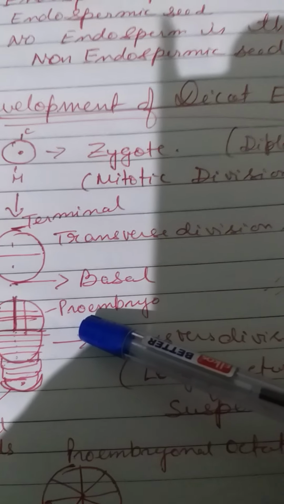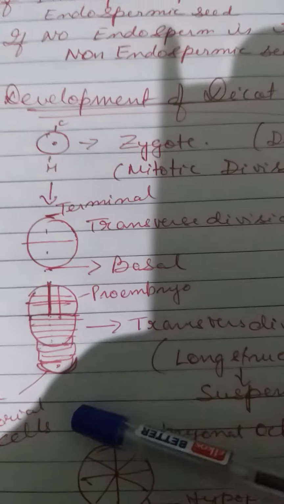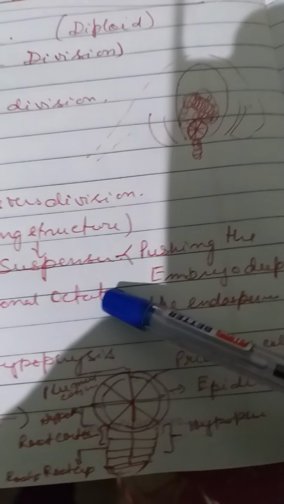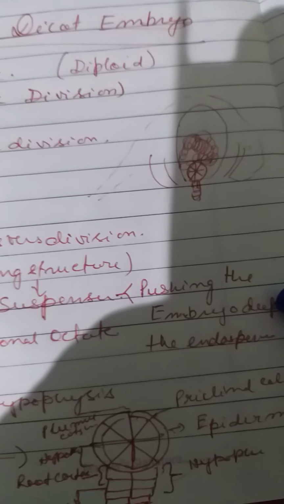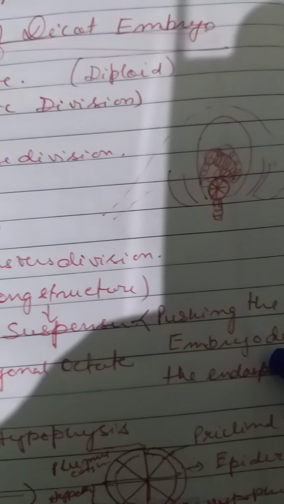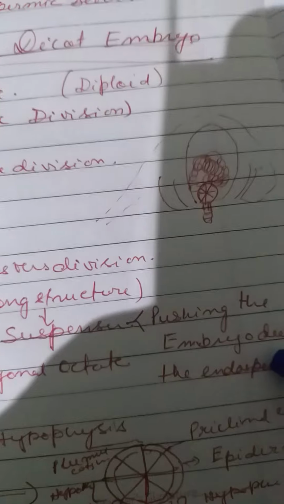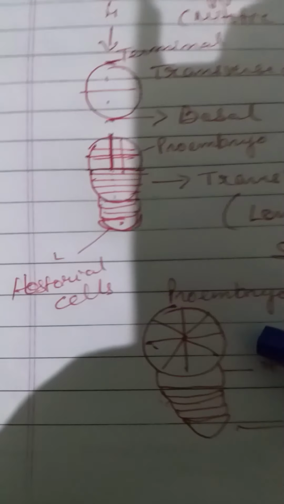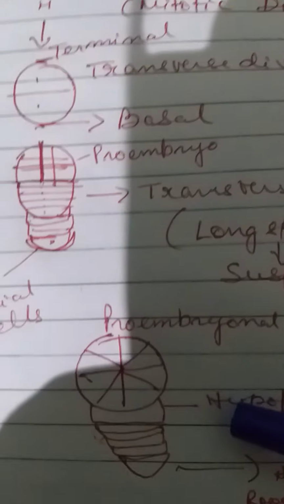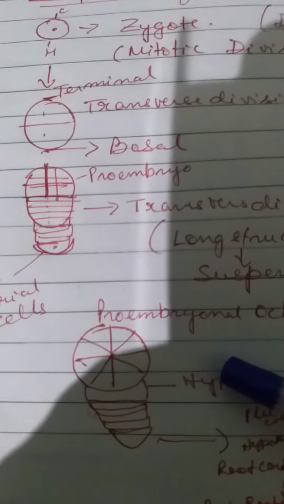They divide in different planes, but only the basal cells divide in the transverse plane. So they develop a long structure known as a suspensor, and this suspensor basically helps the embryo get pushed into the endosperm so that it gets a lot of nutritive material. Now here you see the proembryo forms an octant. What is an octant? Eight cells, and the suspensor is there.